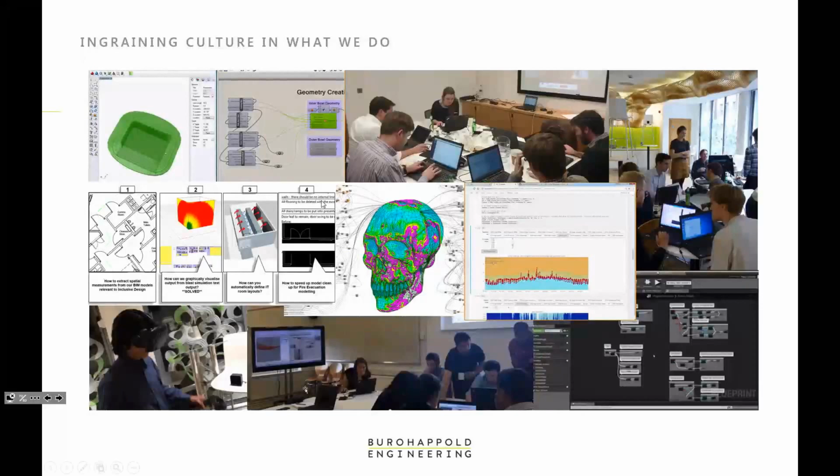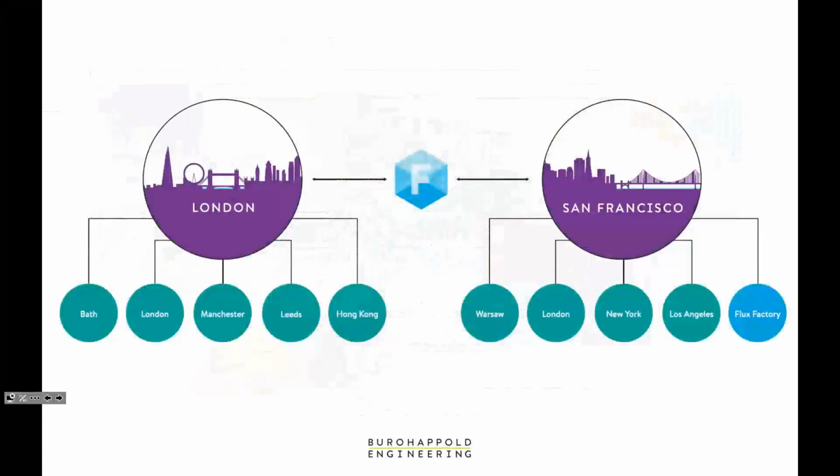So it's a fun way for people to keep in the discussion the accuracy of all of these models that people are generating for buildings. And those were the different offices that we invited to the London and San Francisco hackathon. We also had a Google Hangout session with people from all these different offices interacting through the Flux server to the same project.